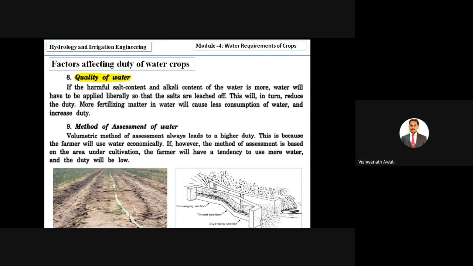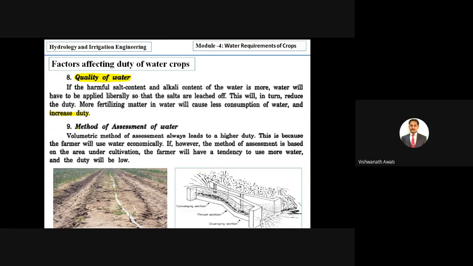More fertilizing matter in water causes less consumption of water and increases the duty. So it all depends on the quality of water.